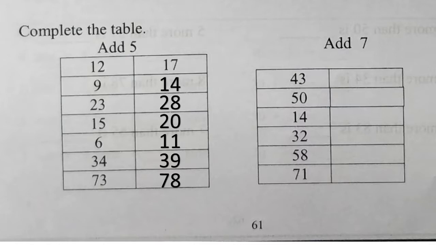So let's start. 43 plus 7 is equal to 50. 50 plus 7 is equal to 57. 14 plus 7 is equal to 21. 32 plus 7 is equal to 39. 58 plus 7 is equal to 65. 71 plus 7 is equal to 78. Did you all complete, children?